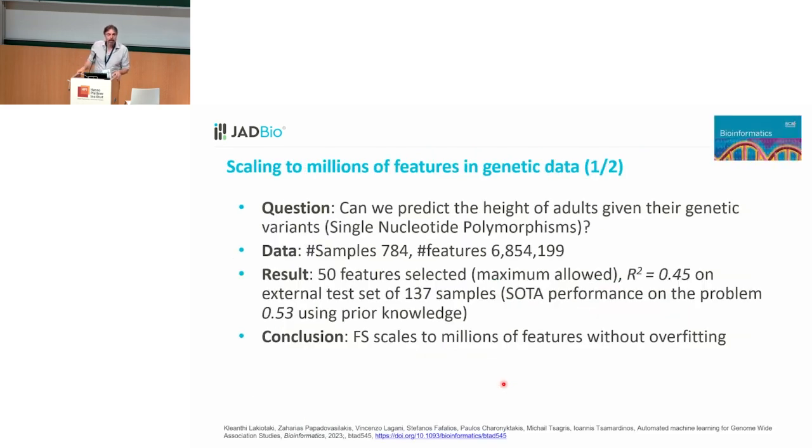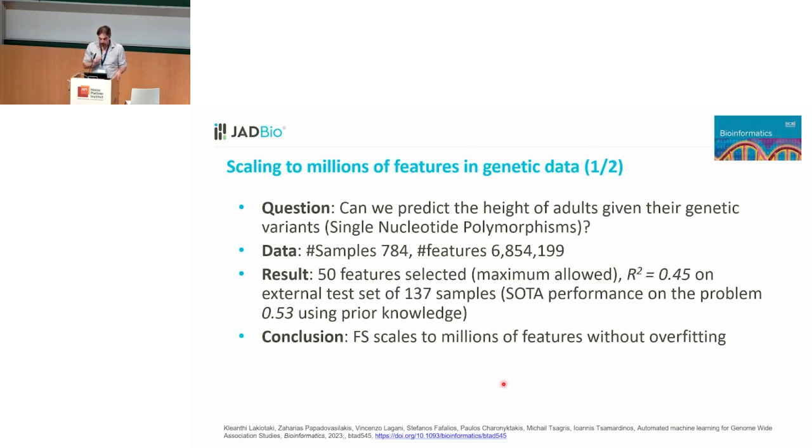Now let's go to genetic data, where we try to predict the height of adults from their genetic variants. We have around 7 million of them and a relatively small sample size. We were able to identify 50 features that get you up to 0.45 R squared.